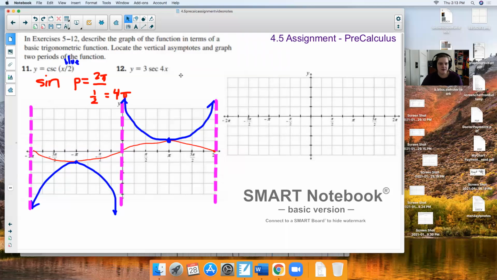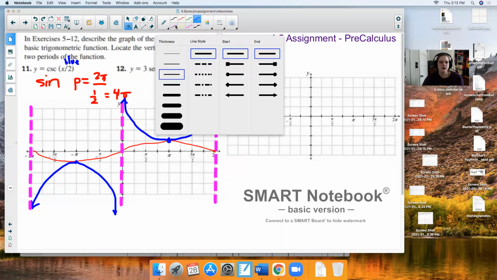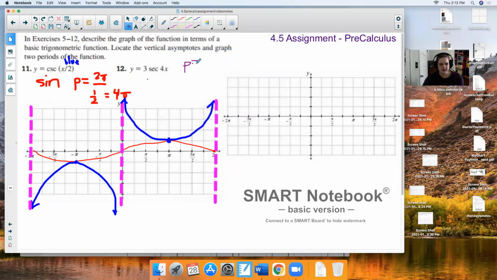All right, and then the last one is going to be secant of 4x. So that means that our period is going to be 2 pi over 4, because our b value is 4. And so we've got pi over 2. So an entire period of cosine is going to happen between 0 and pi over 2. And cosine starts up at 1. In this case, it's actually going to be starting up at 3 because it's stretching vertically.